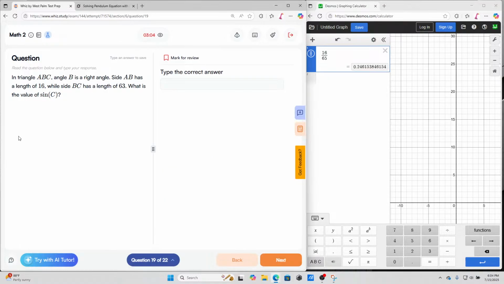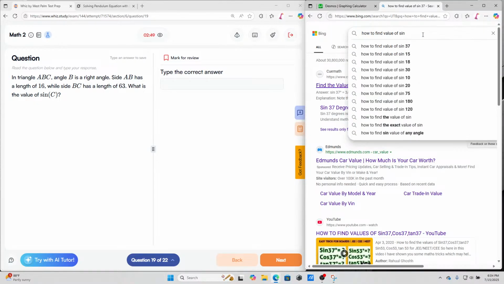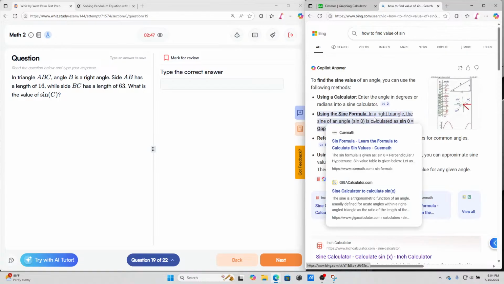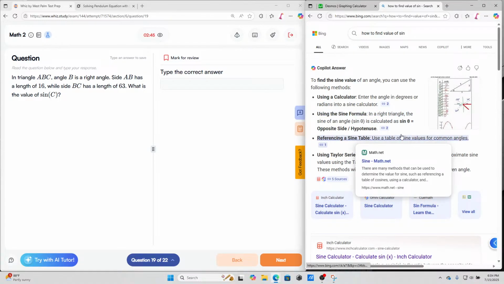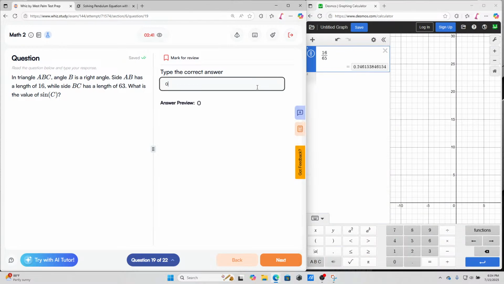So I actually forgot how to do sine. So you just do the fraction here. So 2, 4, 6. Yeah.